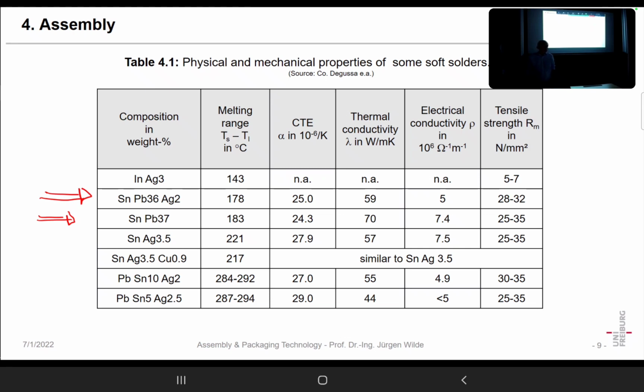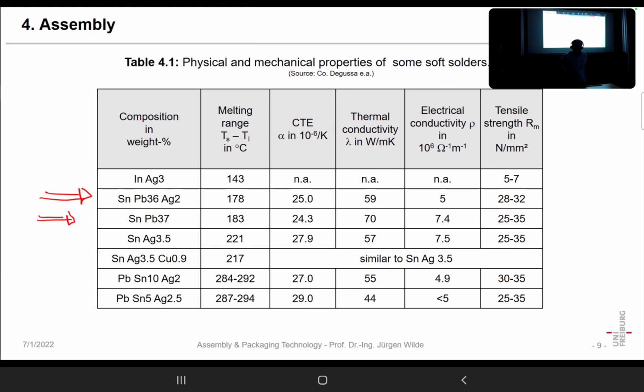I would say for all applications, that's sufficient. So you don't have to care very much if it changes a little. And the tensile strength also here given around 30 Newton per square millimeter. Also sufficient for all cases.